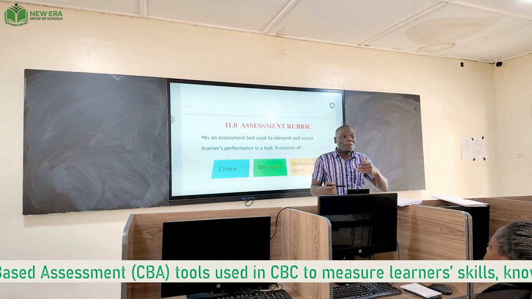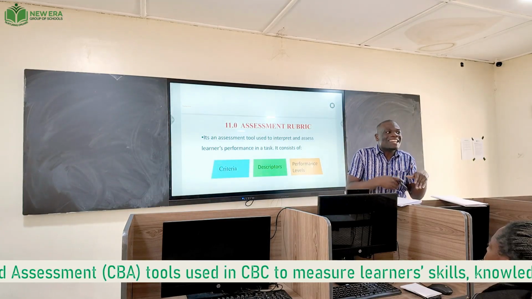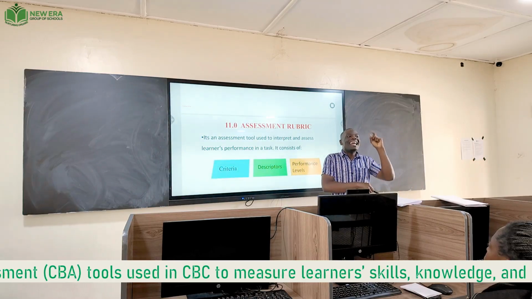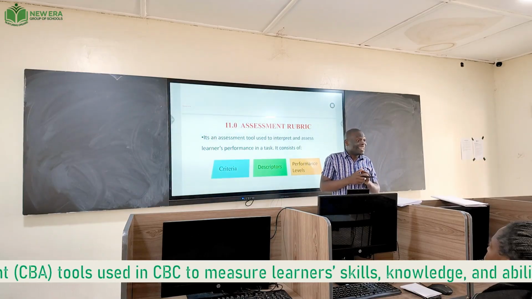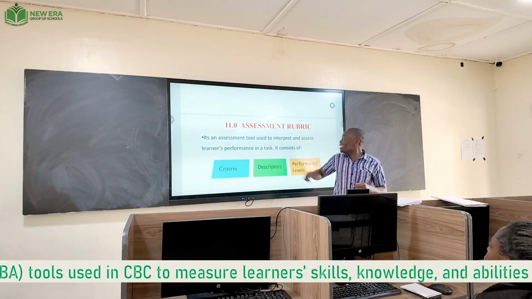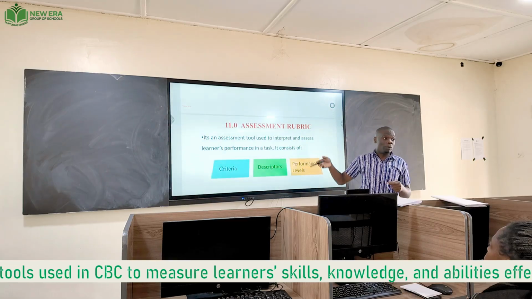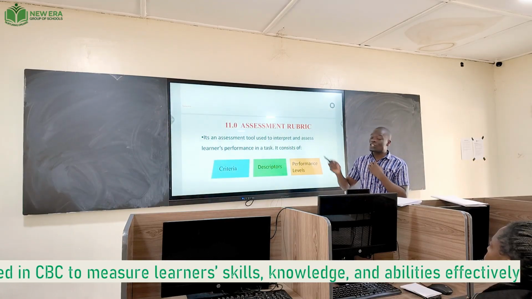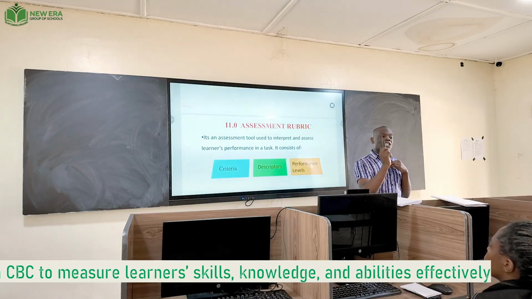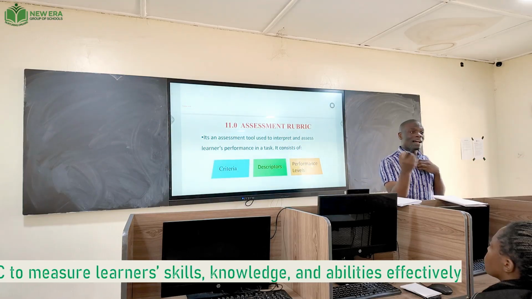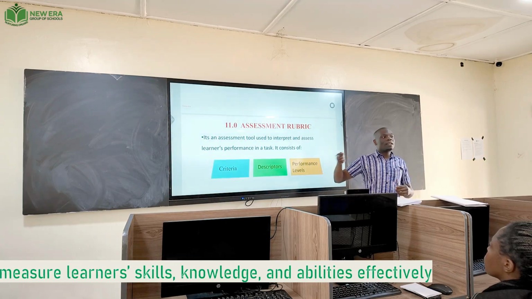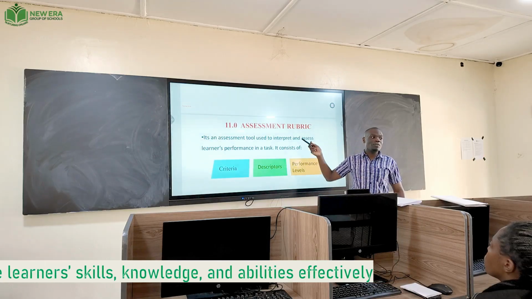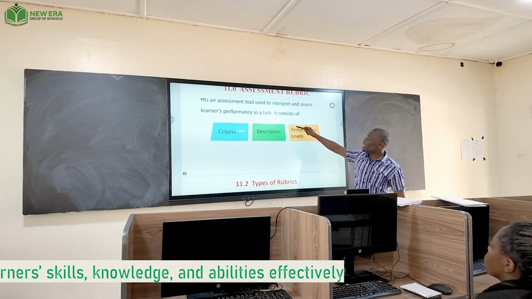The one who is not struggling, who is enjoying and very joyous, means that student has a skill in skipping. So that is what we call the assessment rubric. It is an intentional tool, an intentional way of observing a learner and drawing out the competencies demonstrated by that student. So that is it.